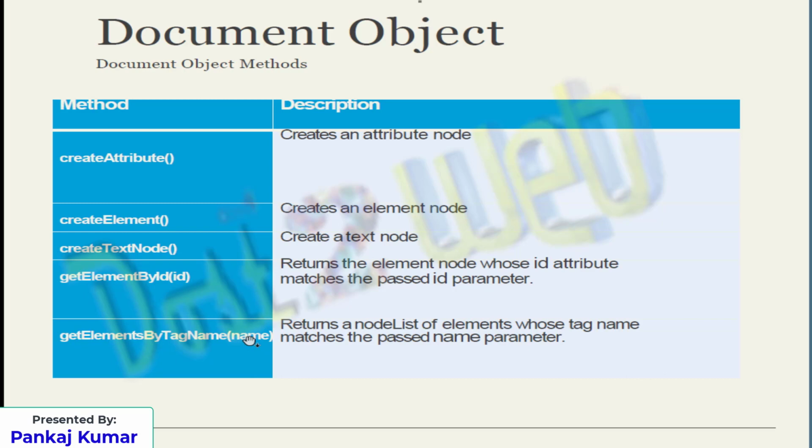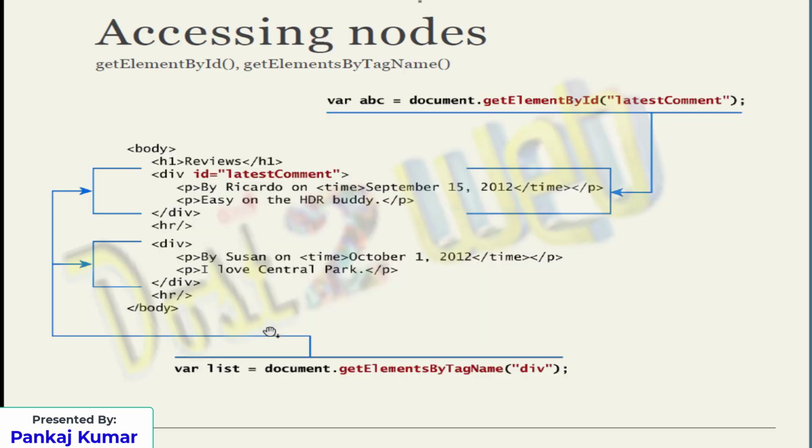This way you can use these methods in the DOM. You can see the example over here. If you want to access a node, as I mentioned, you use getElementById and getElementsByTagName.